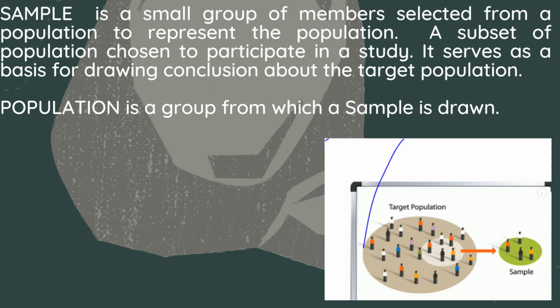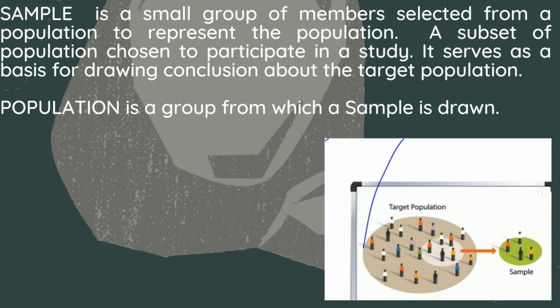Let us have the example. In the opening of the limited face-to-face classes, only 15 students are selected to participate in the limited face-to-face classes. Meaning to say, the sample is the 15 students who are chosen, while the population is the number of students enrolled in your section.